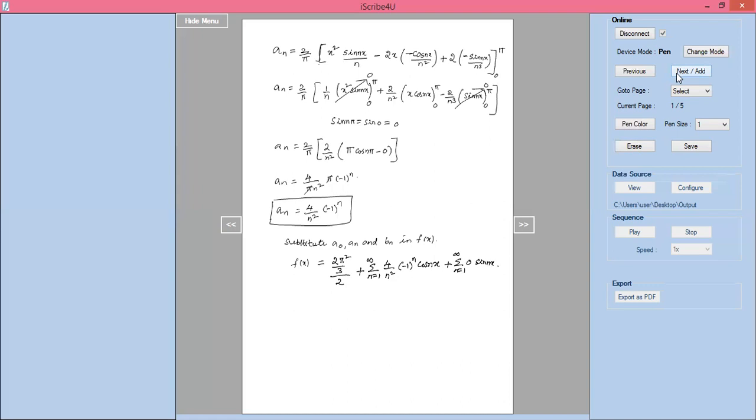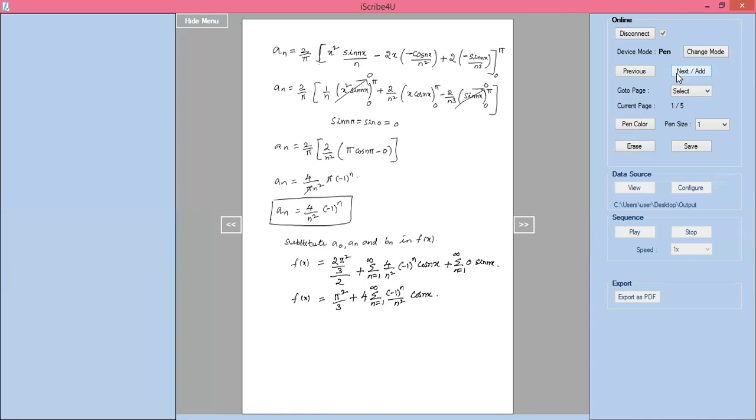Now f of x equals pi square by 3 plus 4, I'll take outside, summation of n equal to 1 to infinity minus 1 power n divided by n square into cos nx. This is f of x.